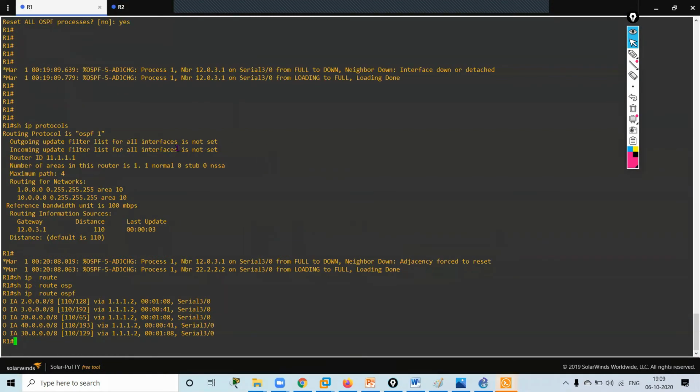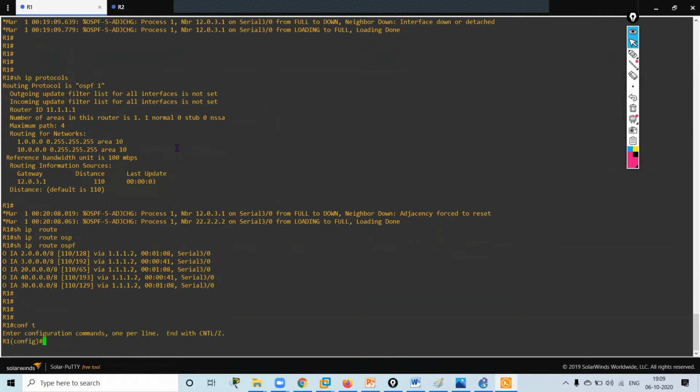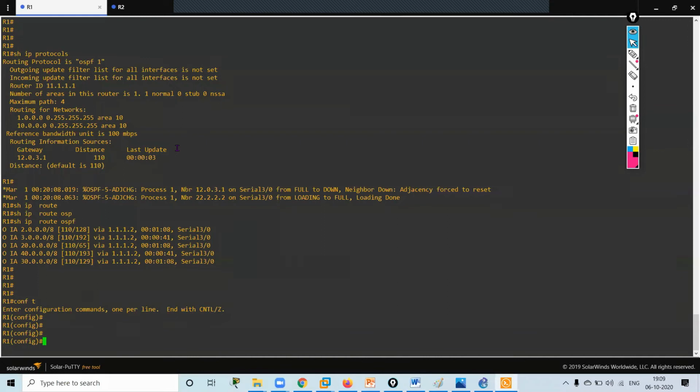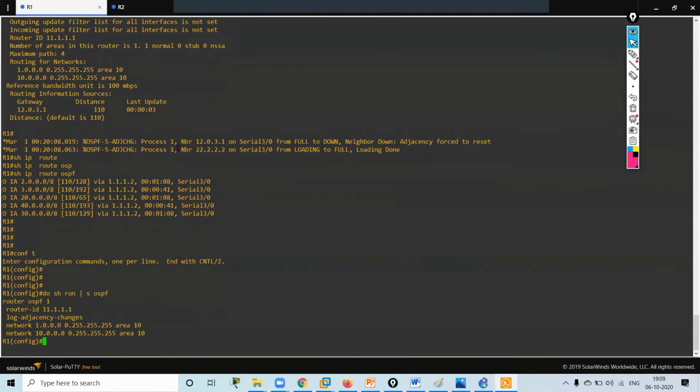Suppose I am on R1. I have already advertised, do show run section OSPF. I have already advertised my WAN and my LAN interface. I will advertise my loopback interface also in OSPF.